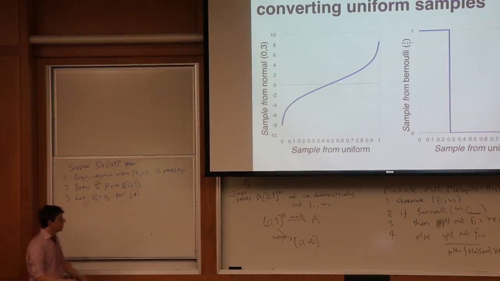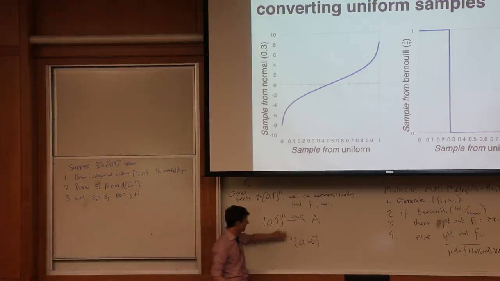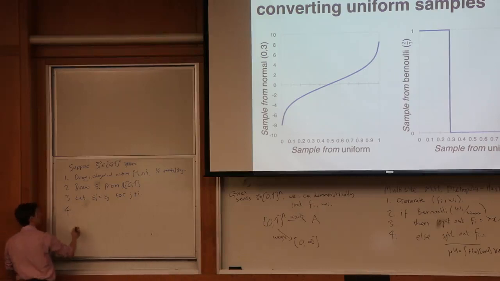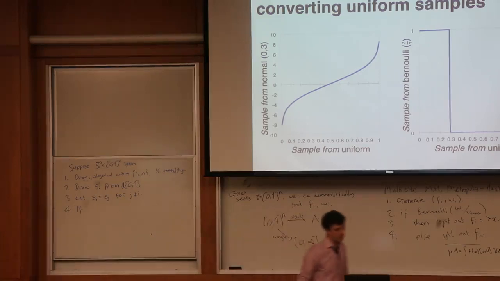So now we have our new proposal seed. Now we can run the program. To run the program just means to find its weight and its result. So let's do that Metropolis step.